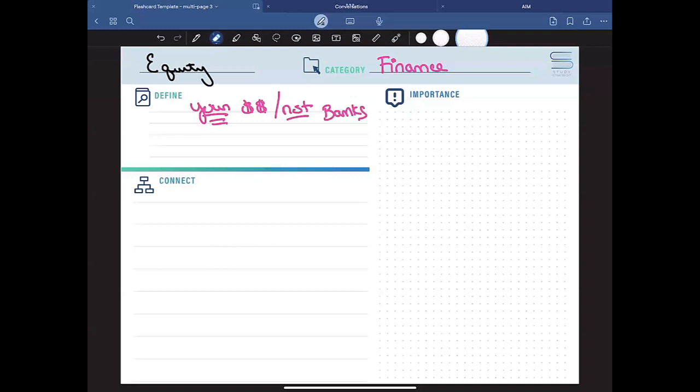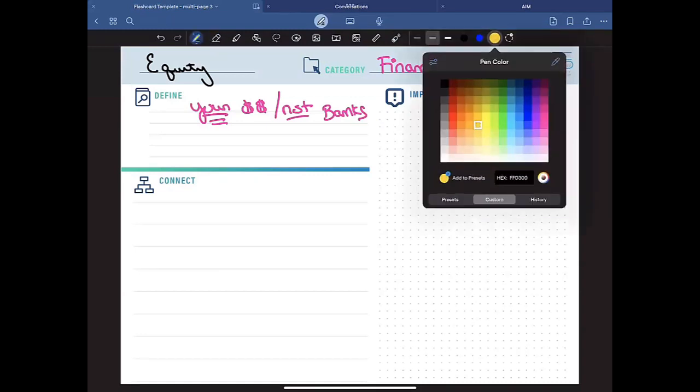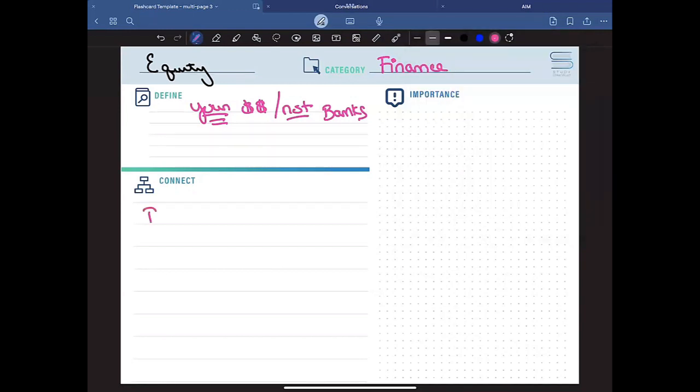All right. Let's go back to equity. We know how we've defined it. So we need to connect it. And some of those words, when I was showing you that picture, we talked about PITI payments, which is principal, interest, taxes, and insurance.